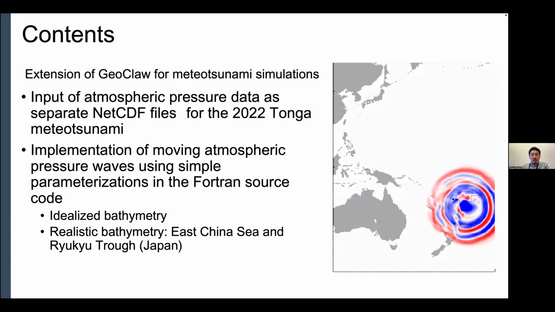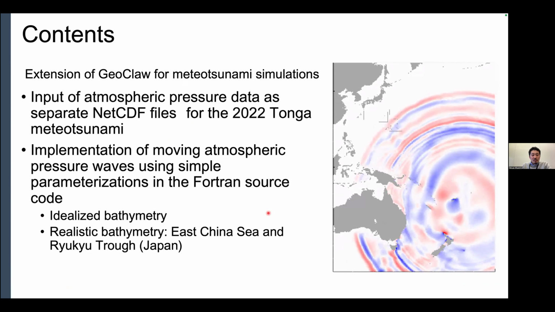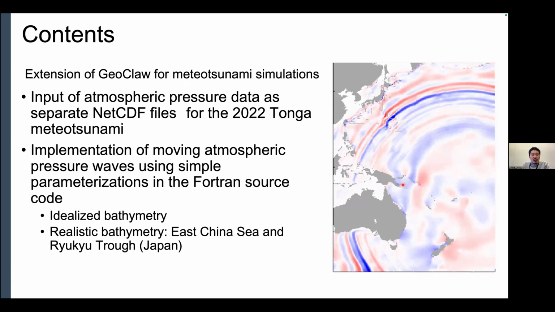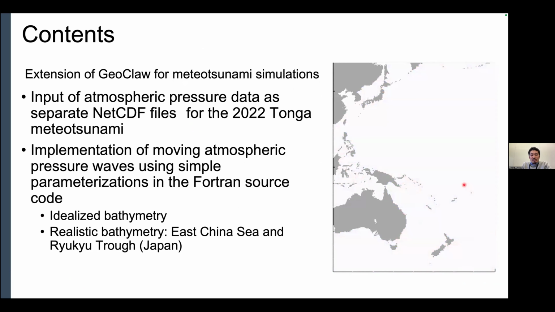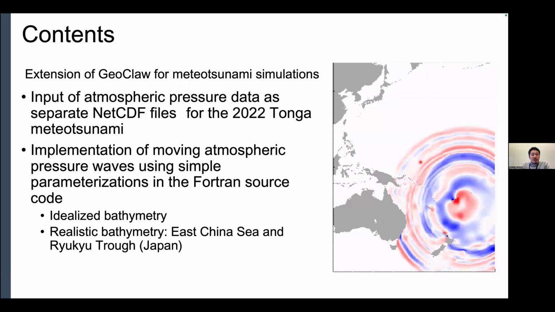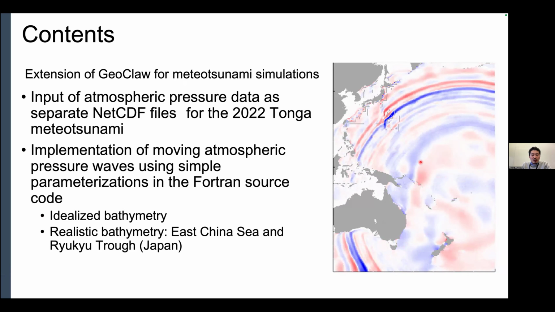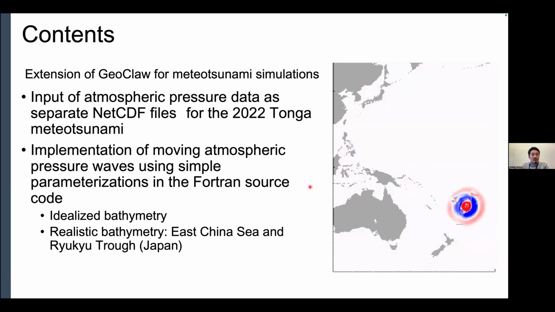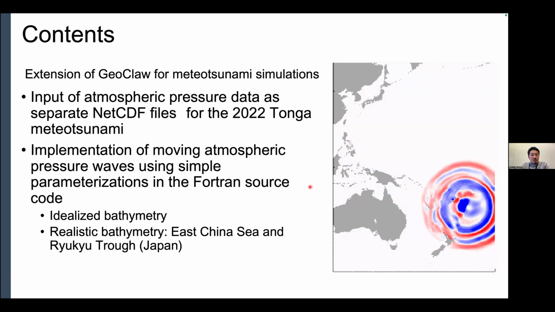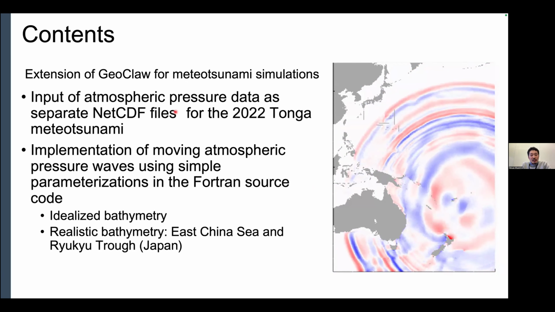So let me first give an overview of today's talk. The animation on the right shows the simulation of the meteotsunami generated by the 2022 Tonga volcanic eruption. Unlike earthquake-generated tsunamis where the seafloor displacement is given, meteotsunami simulations use atmospheric pressure at the sea surface.